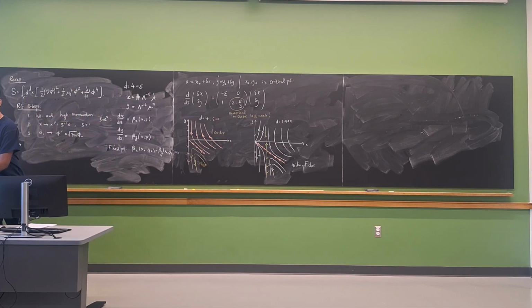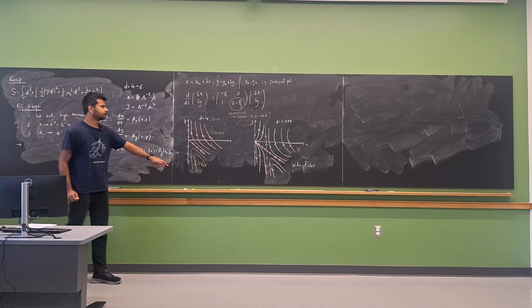For d equal to 4, you had just one critical point, and I think you made a comment that there are multiple directions from that point out, right? And that corresponds to 2 parameters for this one.